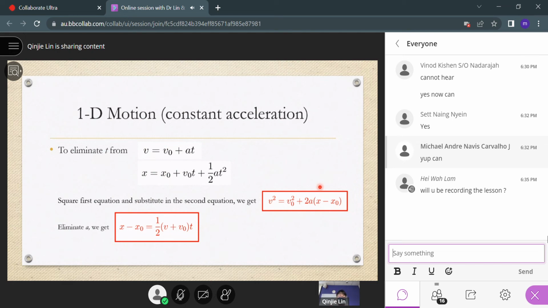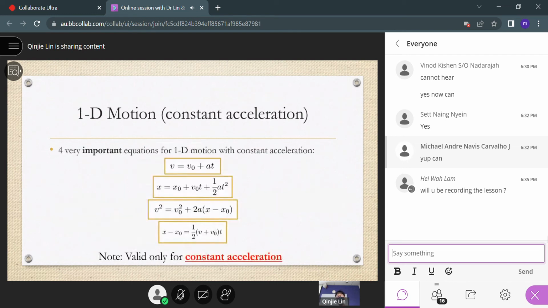And then if we eliminate a, we're going to get our fourth equation. So this is our displacement equals half (v plus v naught) t. So in summary, these four equations are very important and we will be using them for kinematics, not just 1D. We are learning 1D now, that means just movement along one line. But for 2D and 3D, you will realize these equations will apply also.